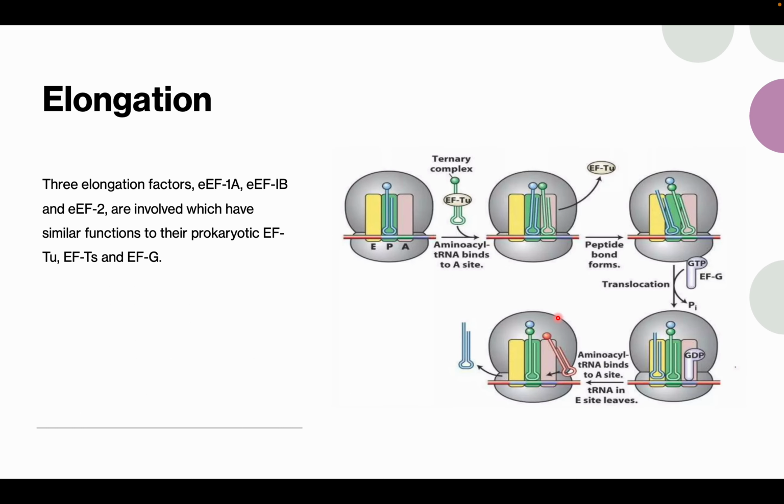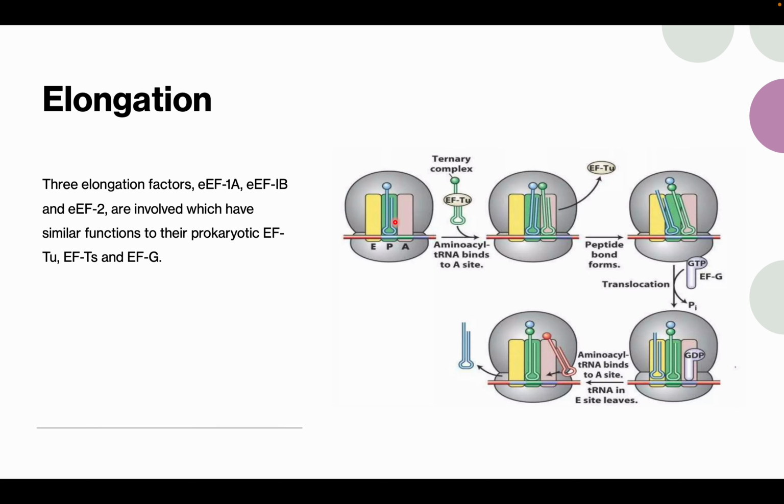So elongation is almost the same as the prokaryotic elongation, except for the factors. Instead of EF-Tu and EF-Ts, which are present in prokaryotes, in eukaryotes there are eEF1A and eEF1B.